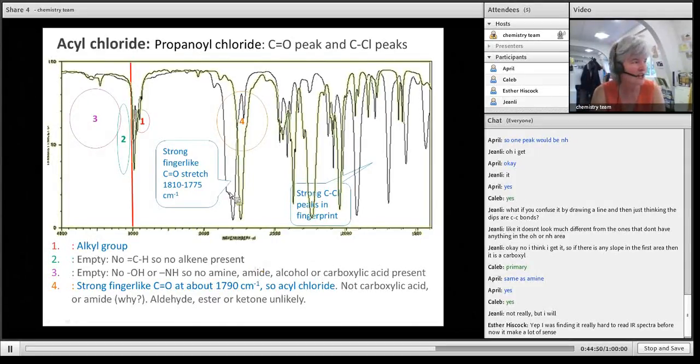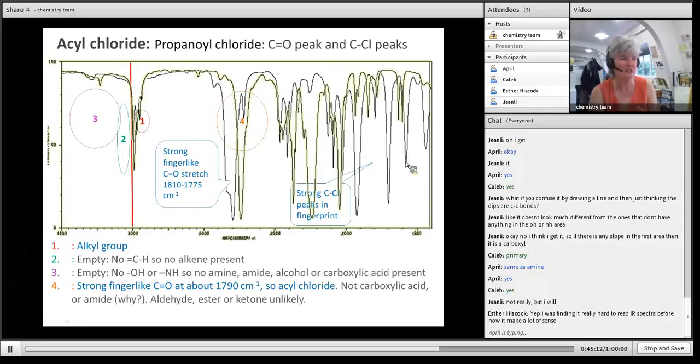So what I'm trying to show here is, I've overlaid an ester peak. So these are all the CO peaks over here, and those are the chloride peaks over there. Just to give you a feel of what would be the difference if we superimpose them.